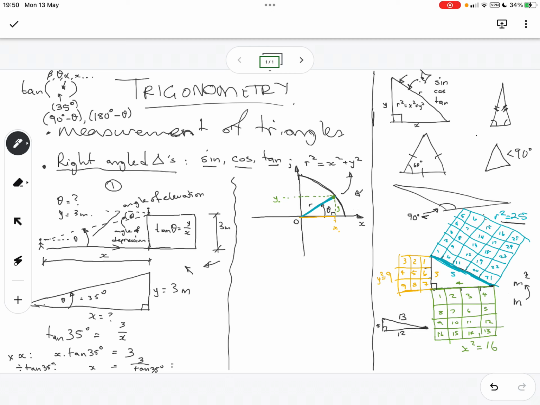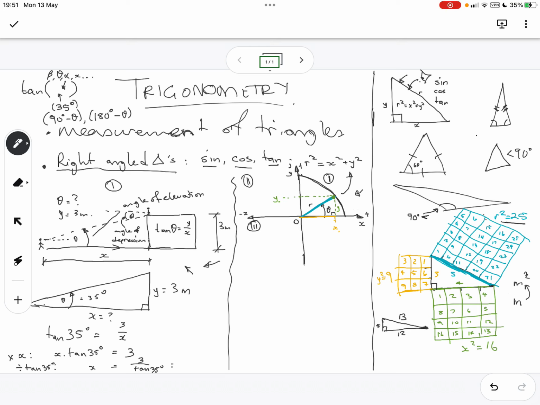And then again, on this setup, the XY axis, we've got quadrants. The word quadrant simply means quarter of this XY plane. The first quarter is where X and Y are positive, so in the positive X axis and the positive Y axis. The second quadrant is the one where only the X axis is negative.